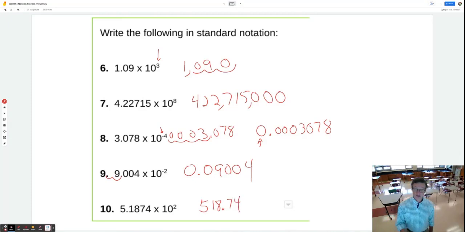So this is a case, we haven't seen an example like this before, where the number, even after we expand it, is still a decimal. We didn't even have to add any zeros because there were more digits than places we had to move. So that can happen. It doesn't happen all the time. But there's no rule that says you have to add zeros. If you move a certain number of places and you still got digits to work with, well, that's what the problem requires. All right, so we're going to move on to the next one.